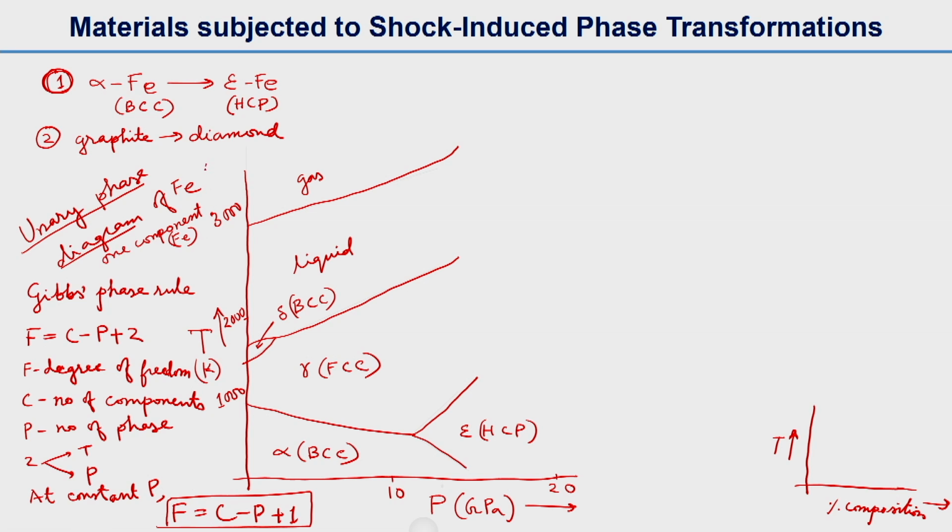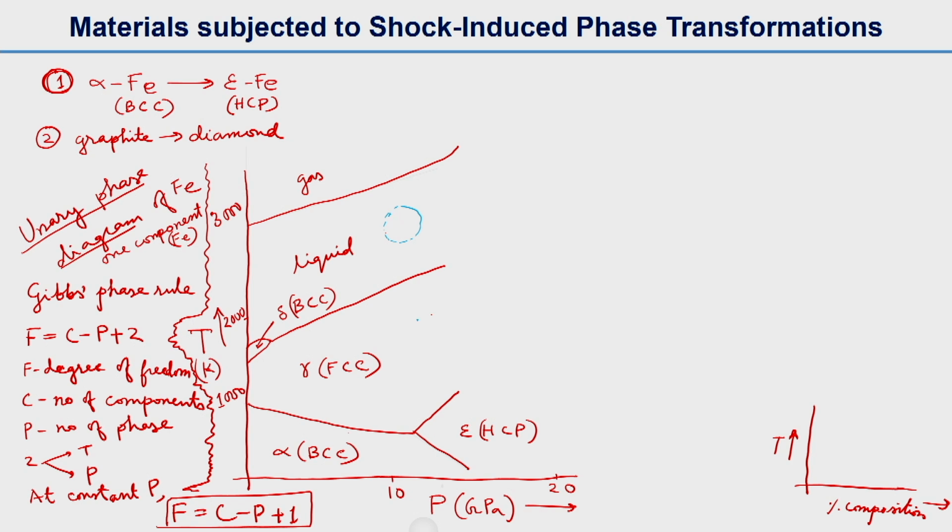Okay, so I will draw a line so that this diagram looks nicer. What we want to discuss now is how this phase rule is obeyed in this phase diagram. First we will see the single phase regions.